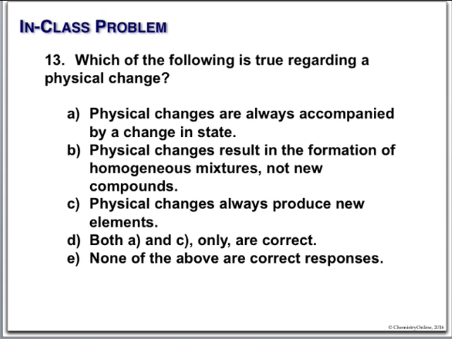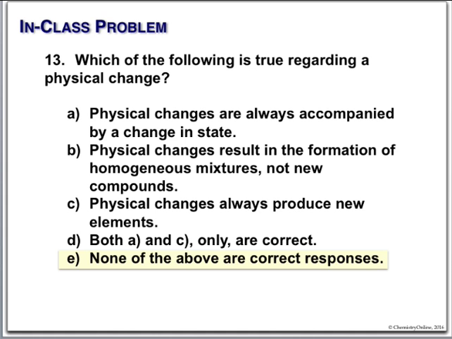They always produce new elements. Well, boy, that would be nice. Turn lead to gold, that doesn't work. A and C, forget those. None of these are correct responses. With physical change, you always wind up with the same substance.